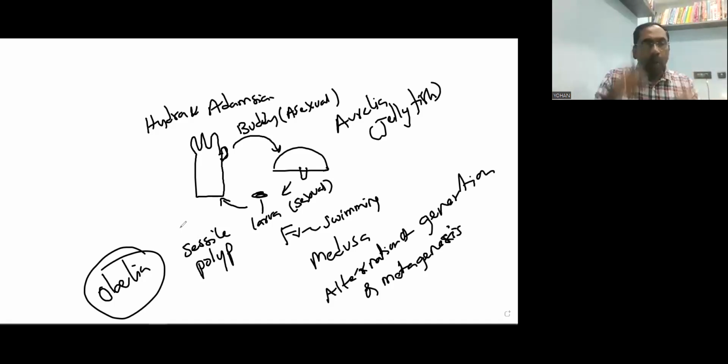In one generation, we find the asexual form that gives rise to medusa by asexual reproduction. And medusa produces gametes, they fuse and form larvae that undergo development to become polyp form. So in one generation asexual form, in another generation sexual form. For every generation, you can observe alternation of forms. This is called alternation of generation or metagenesis.